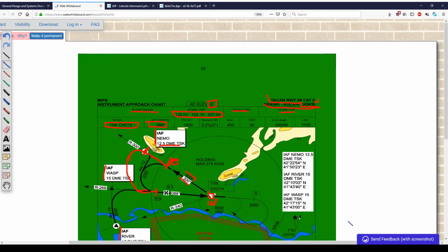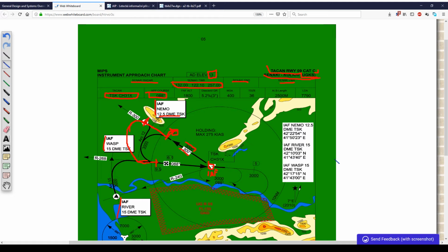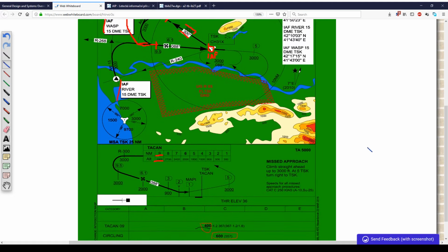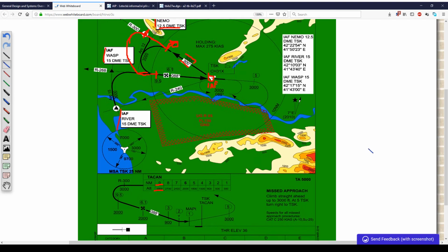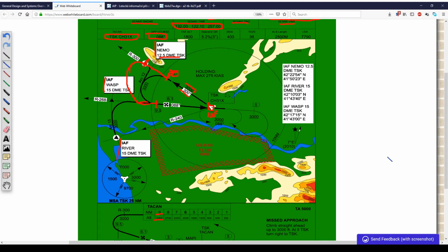Because the idea is not touching down totally blindly, because it's not precision. Exactly. The threshold elevation is important for the precision approaches, like ILS, RNAV approaches, and so on.